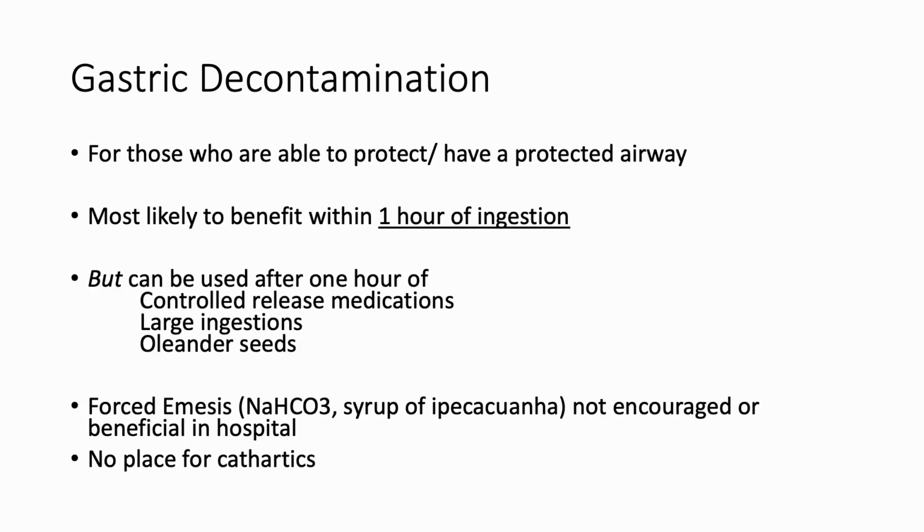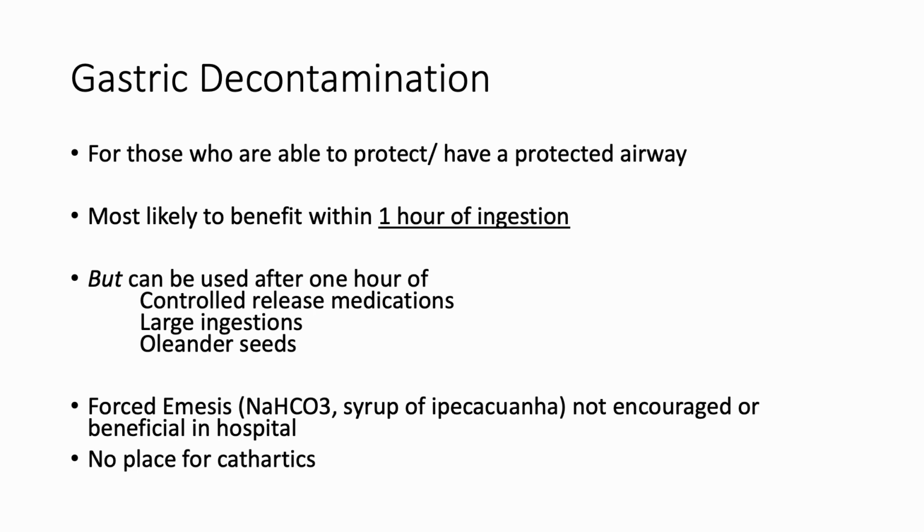So, gastric decontamination. What do we mean by gastric decontamination? This is the removal of the poisons from the stomach. This should be done for those who are able to protect their airways, those who are able to talk with good power of voice, who are able to cough and gag, and patients who are able to swallow without aspiration or choking.